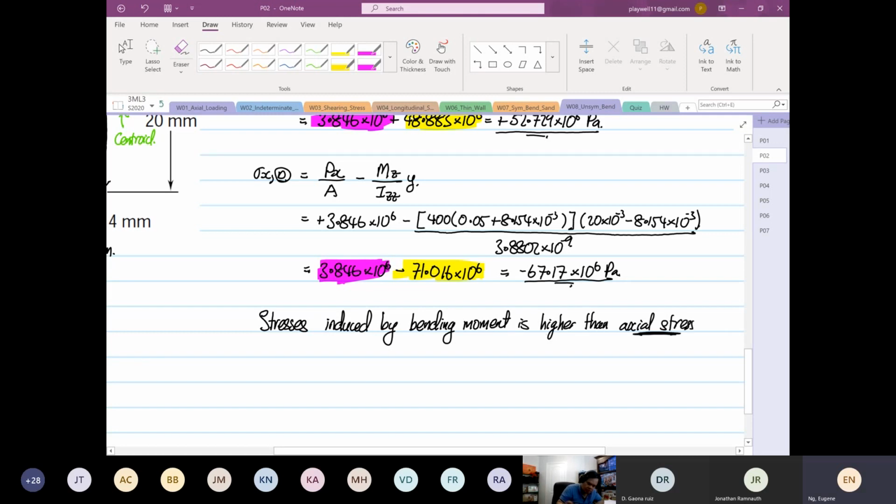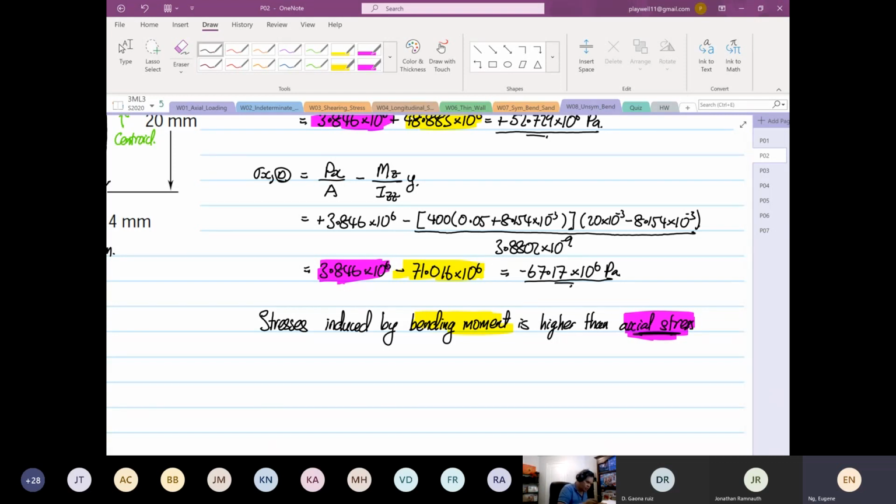Okay, so I'm going to highlight this in yellow, corresponding to yellow, and this corresponds to pink. It's always a fact. Yes, it's what you can see from our analysis.